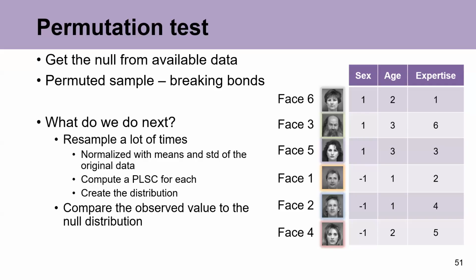Then we compare how the observed value compares to this distribution, which represents the null. So we're saying what the distribution will look like when the null is true. And then we compare our observed value to this null distribution to determine whether it's significant or not, just like what we do with t-tests and z-tests.